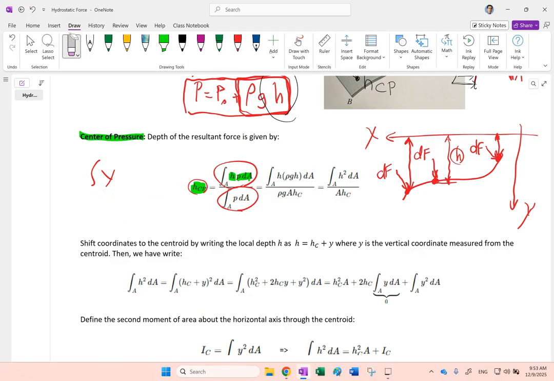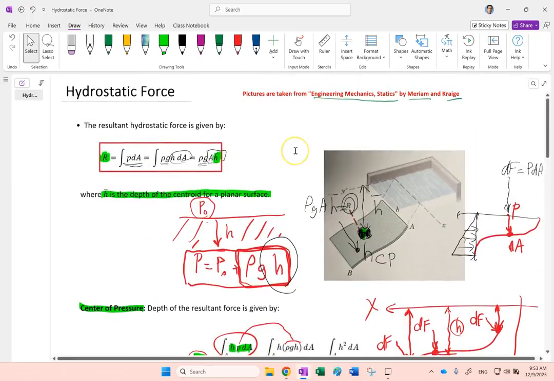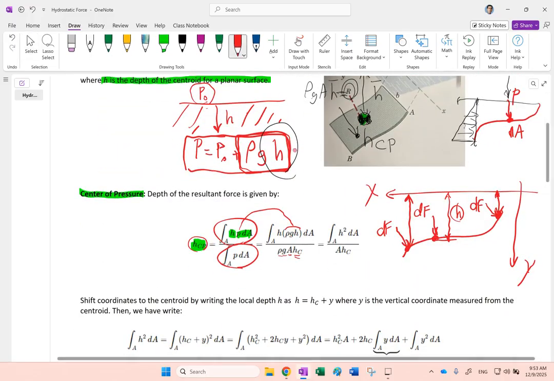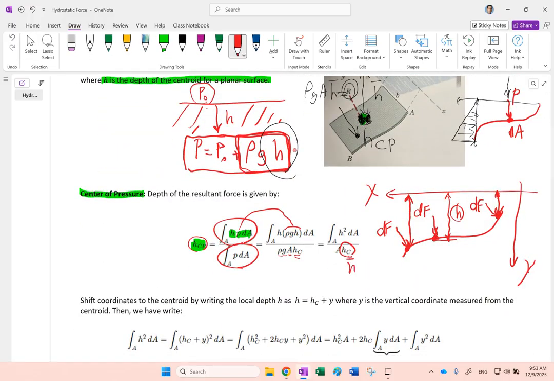Okay, so now if we move on from this formula, for P, we're going to replace it by rho g h. And the same here. Now clearly this is the resultant force, which is going to be rho g A h of the centroid, which in the top formula I showed by h bar, so that h of c is the same as h bar.